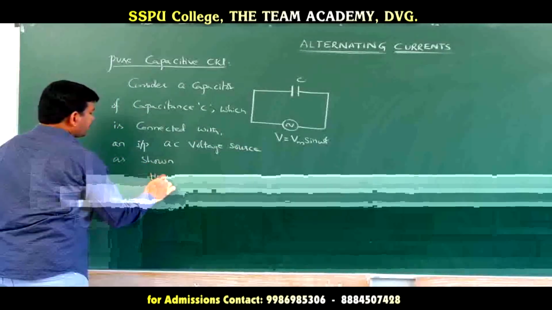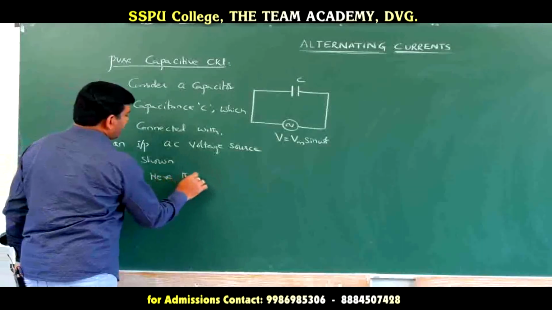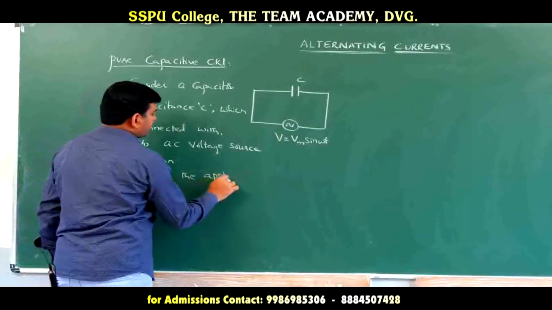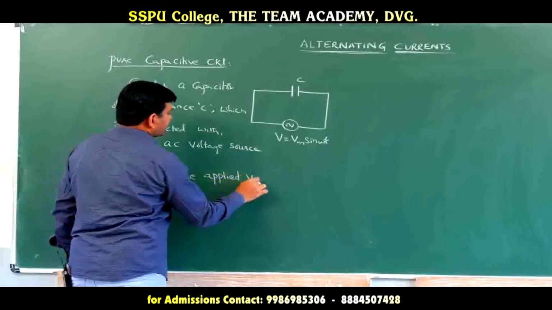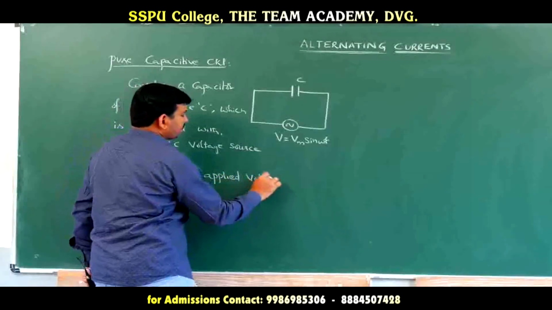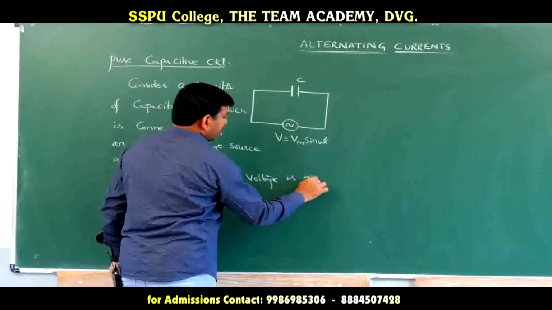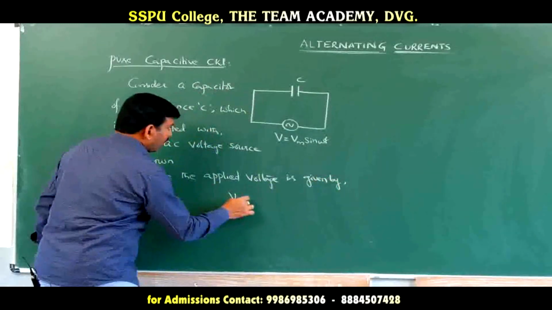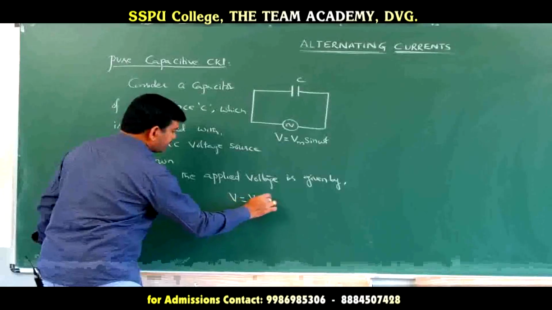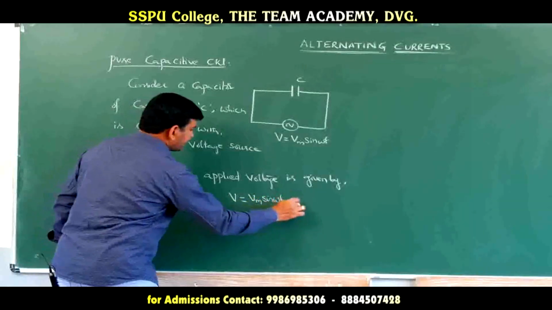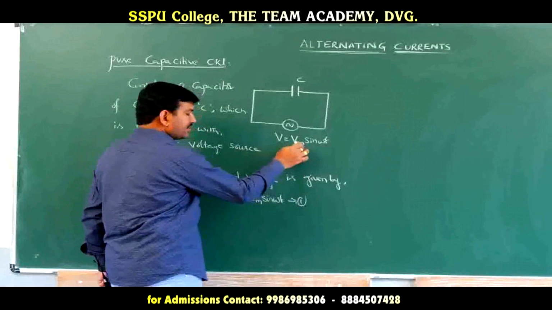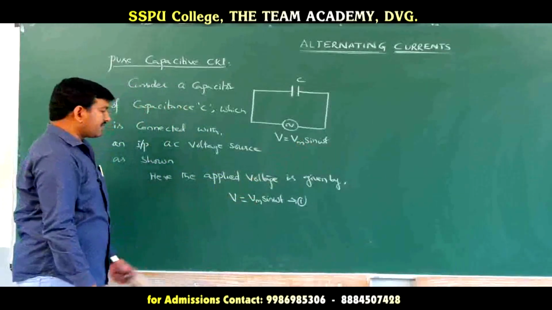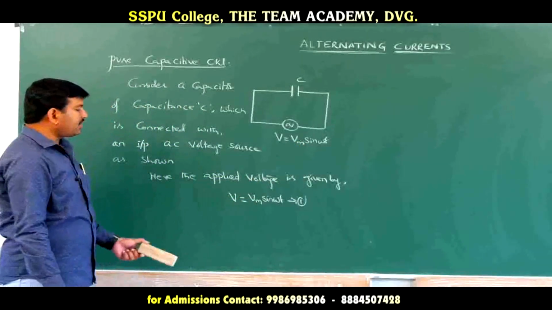Here the applied voltage is given by V is equal to Vm sin omega t. Yes or no? This is the applied voltage here. Vm sin omega t. Next, I need to find out the current.